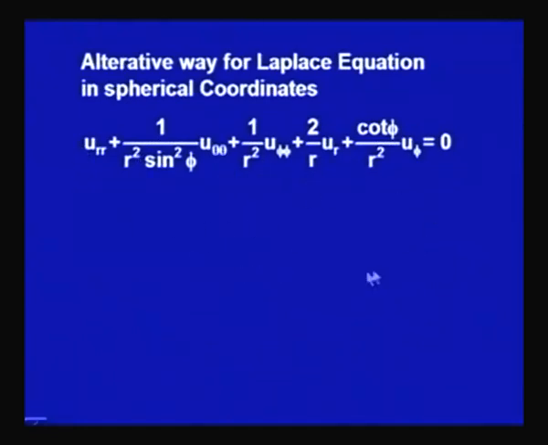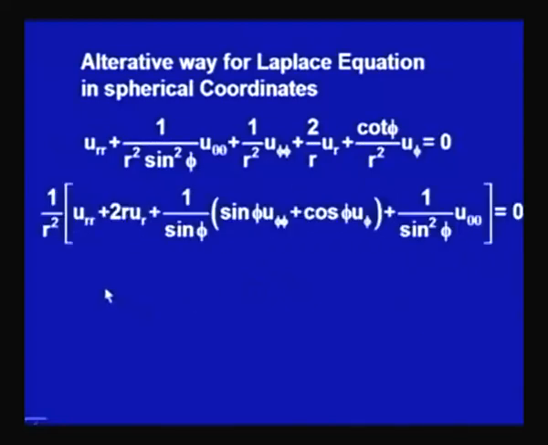So, first we will take 1 upon r square outside. If I take 1 upon r square outside, here I would get r square times u r r, and then here I would get 2 times r times u r. So, we could simply write it as u r r plus 2 r u r, that is the term I have written first. Then from here 1 upon r square has gone, and it would be 1 upon sin square phi. Cot phi means we could write it as cos phi upon sin phi.